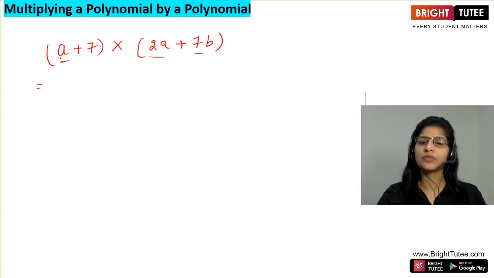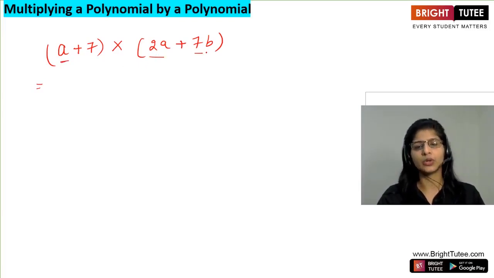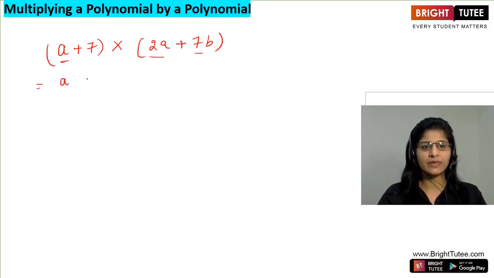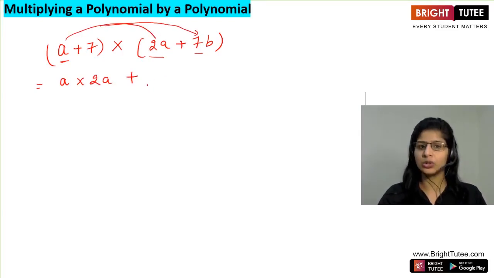Each term of the first polynomial will get multiplied with each term of the second polynomial. So a will be first multiplied with 2a, plus a will be multiplied with 7b also.